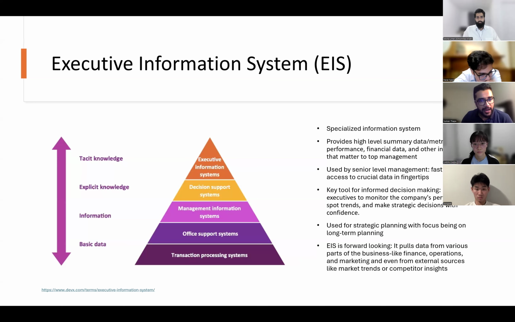To describe EIS in very simple words, it is a tool that helps the top executives in a company make important decisions. It provides the top levels with simplified data by using charts, summaries, and reports, where the top executives can quickly see the trends, spot problems, and make informed strategic decisions in the company.